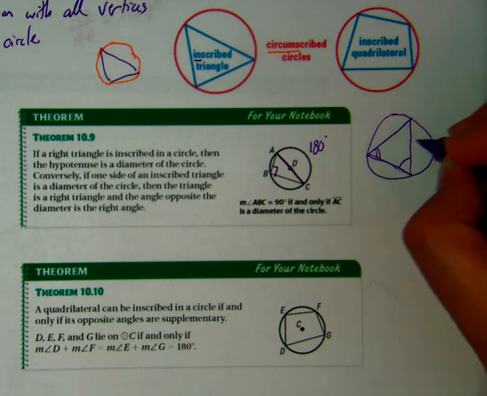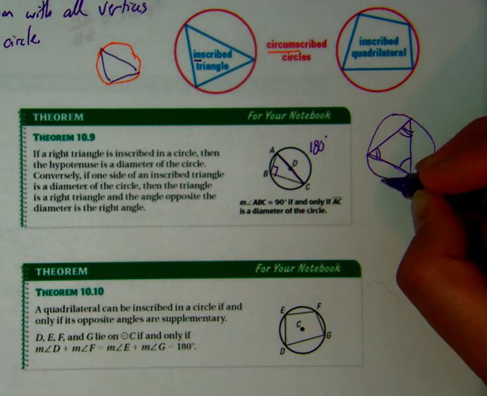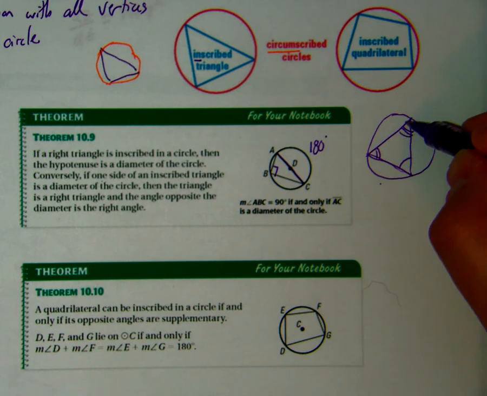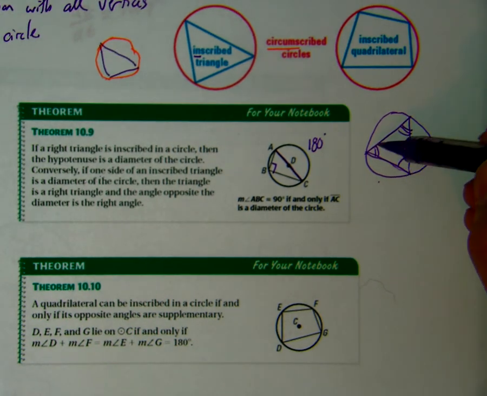This angle is going to be half the measure of this one, and this angle is going to be half the measure of that.